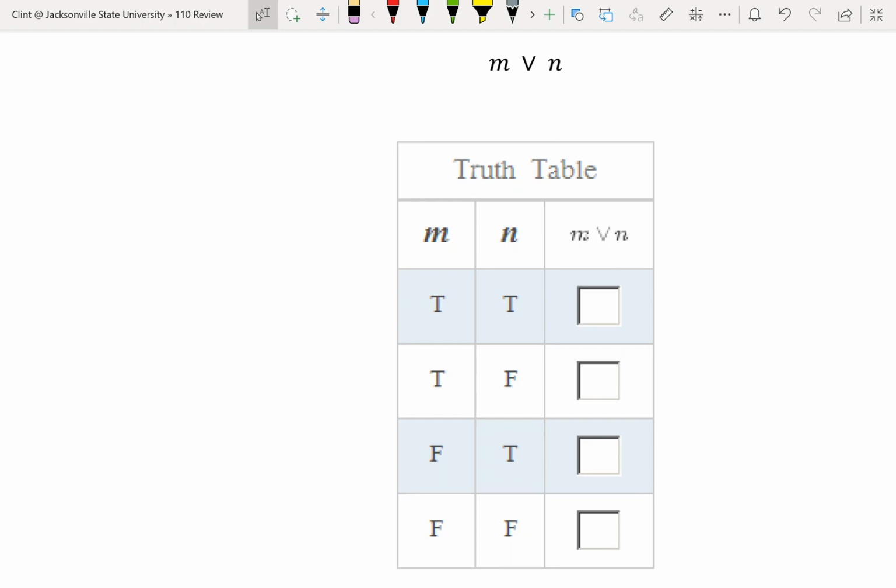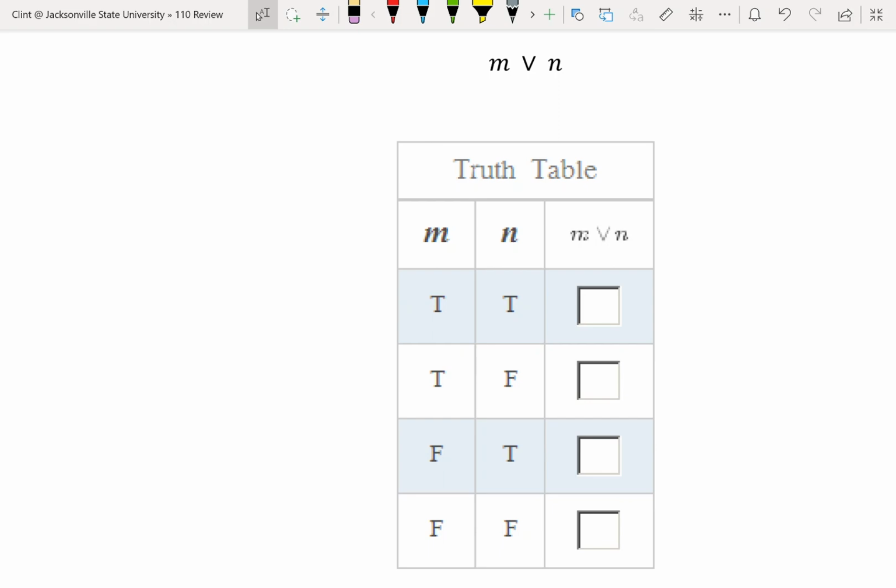So two things we need to know on this one. We need to know that the V symbol means or, and then we need to know how to figure out truth values for an or statement. So for or, there are a couple of ways you can think about it, but it's only false if both statements are false. Or you could say it's true if any of the statements are true.